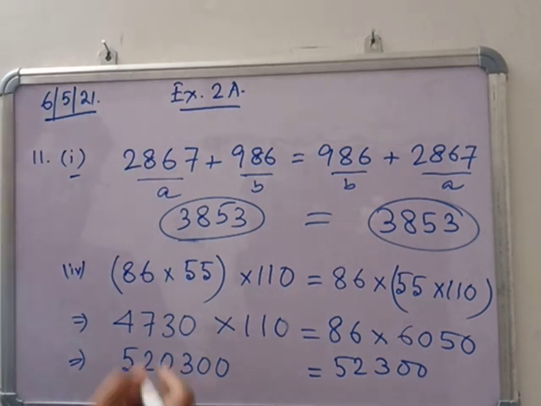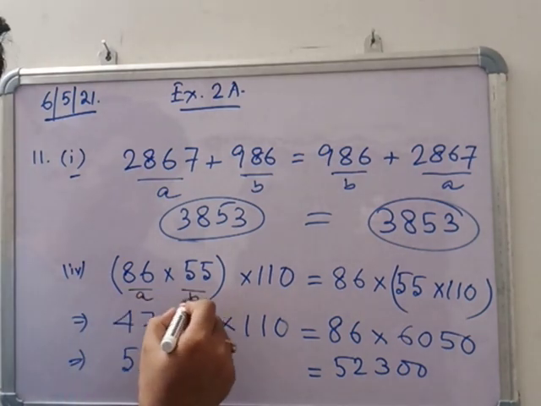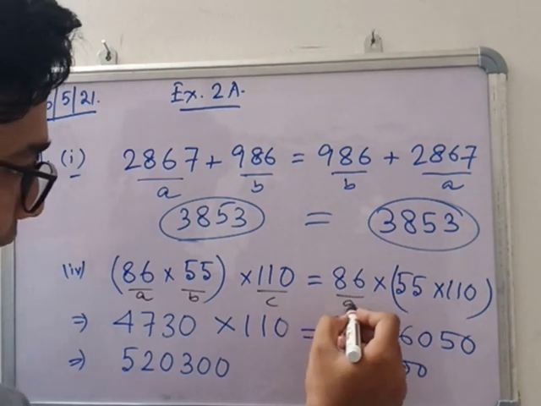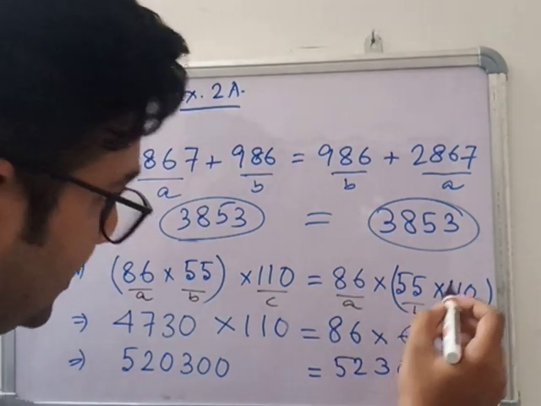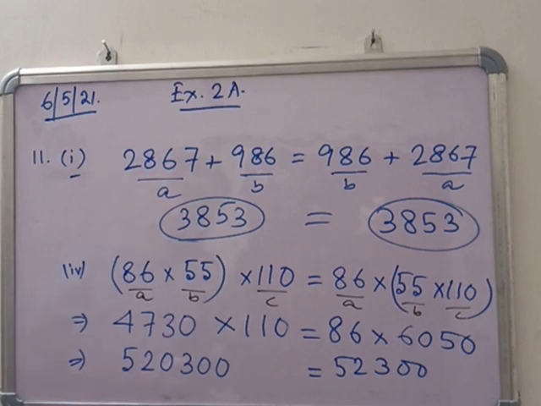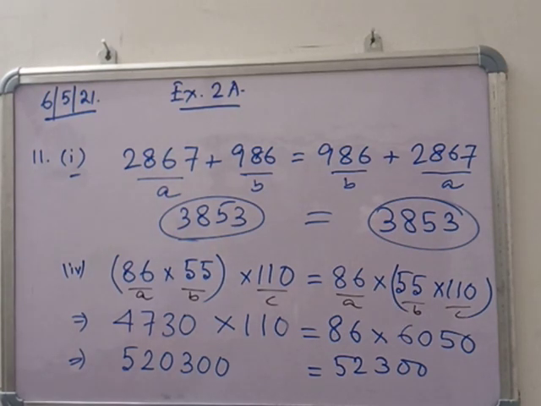If I say this is A, this is B, and this is C, and similarly this is A, this is B, and this is C, this shows the associative property of multiplication holds, and it is verified. Properties are very, very important for higher classes also. From class 6 or 7, we have to cope with the properties and their applications. It is very helpful for higher classes.